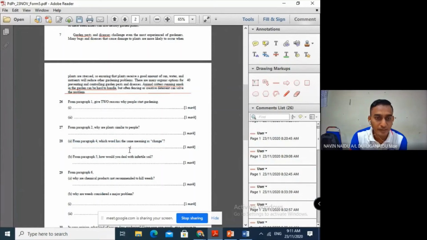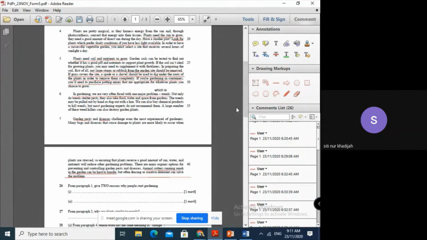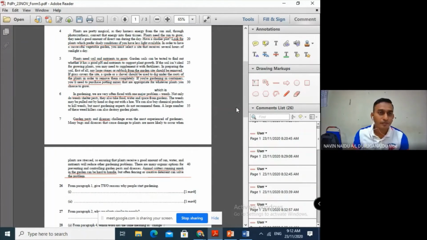Which word in paragraph 4 has the same meaning as change? Wait. Convert.